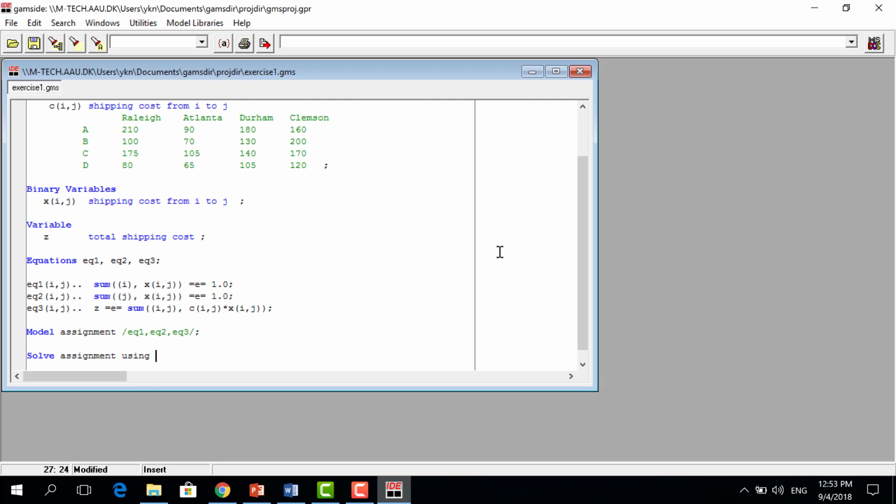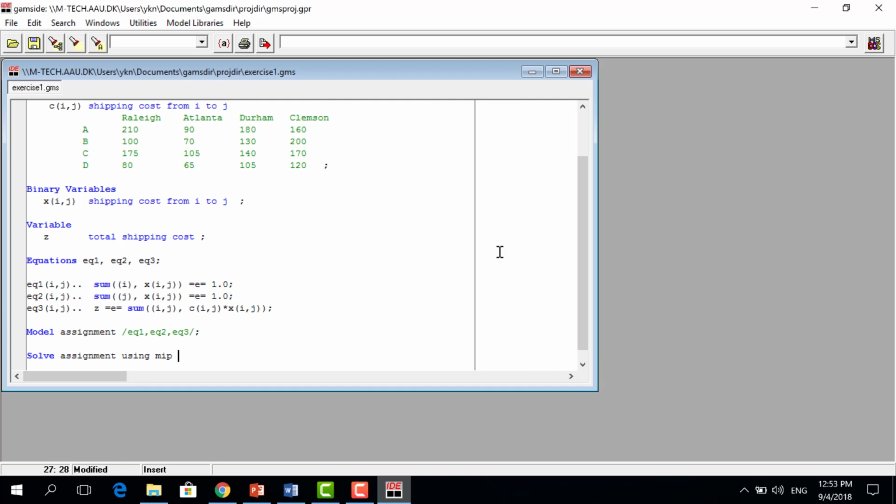In that case, we use another solver, or another algorithm, namely mixed integer programming, because binary variables are also categorized as integer variables but have only 0 or 1 values, and therefore we use MIP, meaning mixed integer programming.